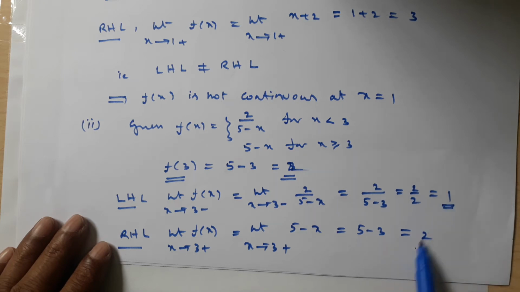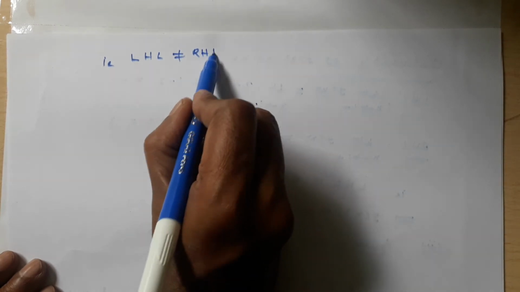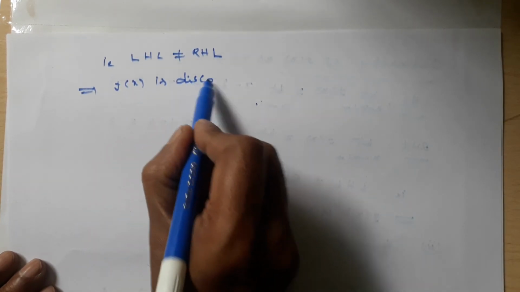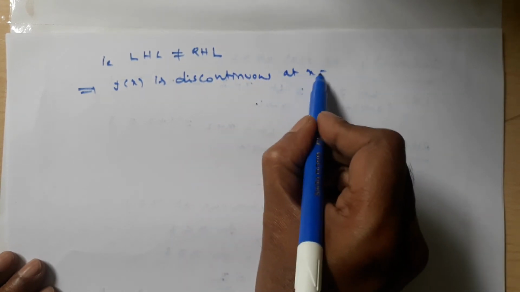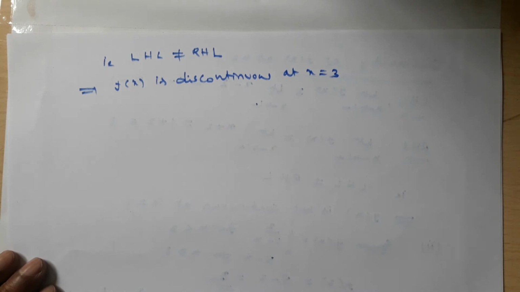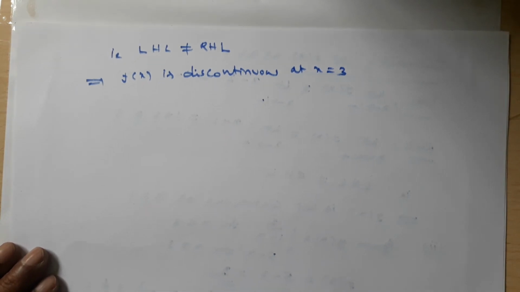So that LHL is not equal to RHL. This implies f of x is discontinuous at x is equal to 3. So in the sixth problem, both 1 and 2 are discontinuous.